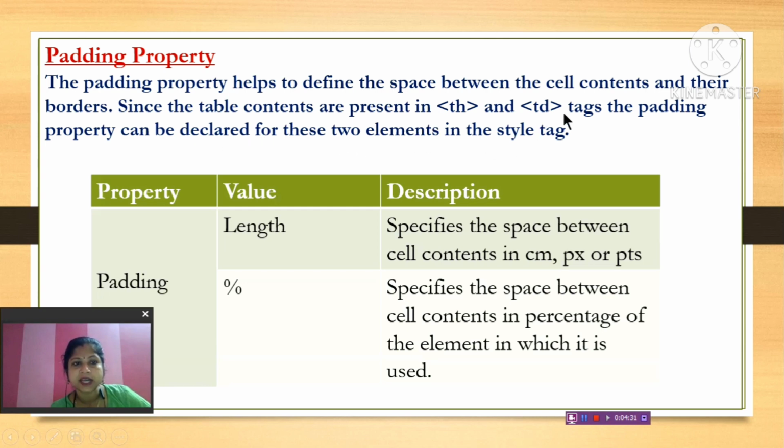Means for TH and TD, you can use the padding property. You can give the value in length, specifying the space in centimeter, pixel, or points, or in percentage.